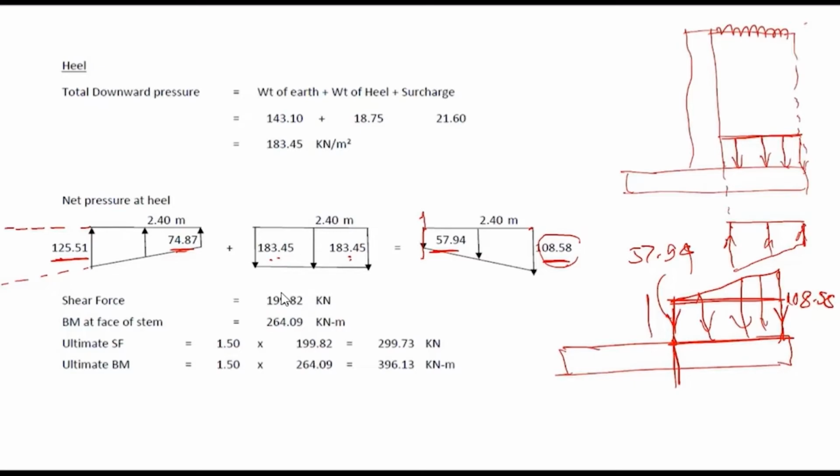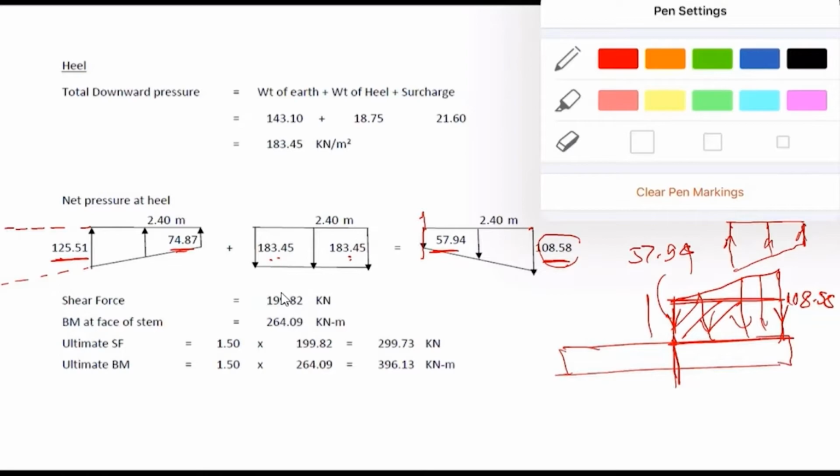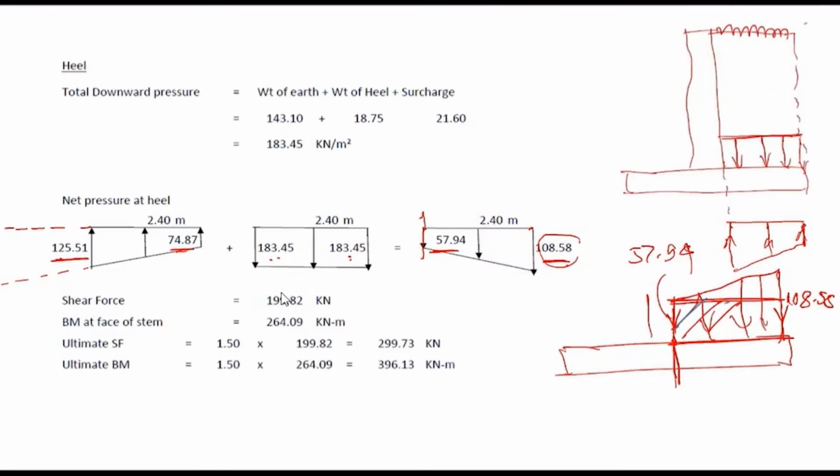So the bending moment will be the value of this force into the lever arm, which will be at the center. For this force, the lever arm will be like here, 2 by 3 into 2.40.